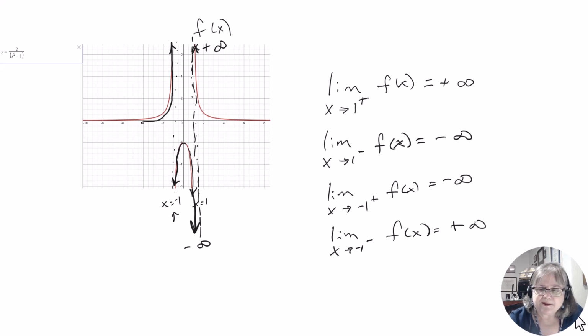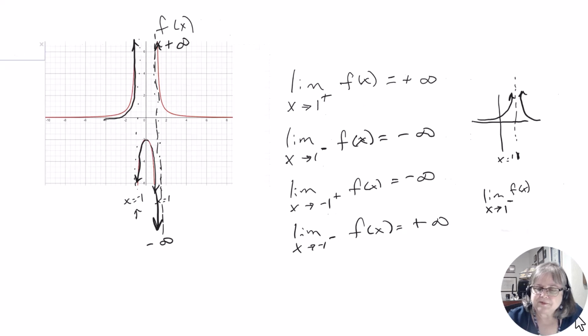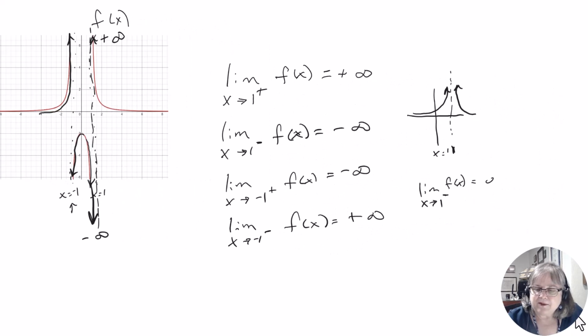But if we had had something that was going like this, let's say this is 1, then we could say that the limit from the left would be infinity, and the limit from the right would be infinity.